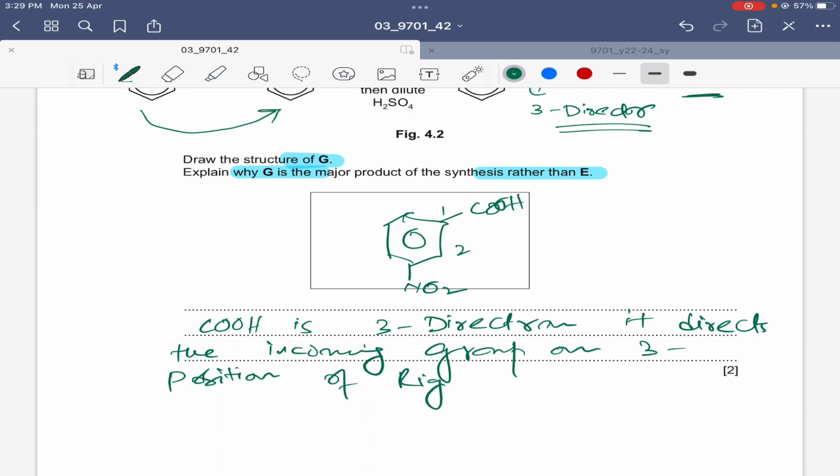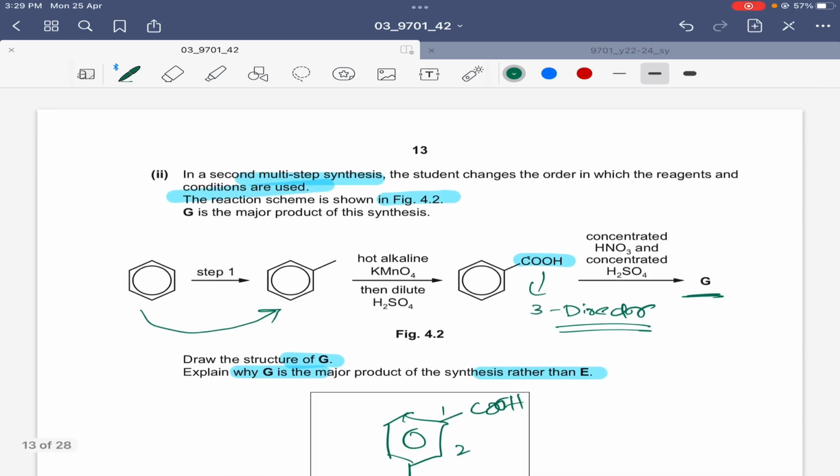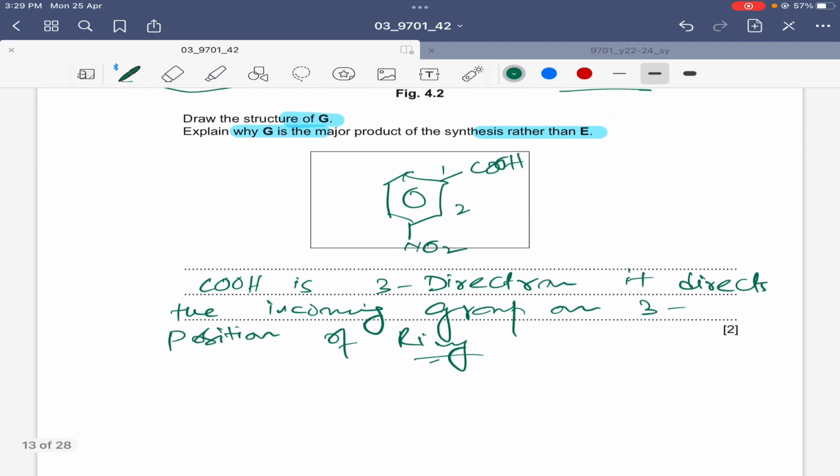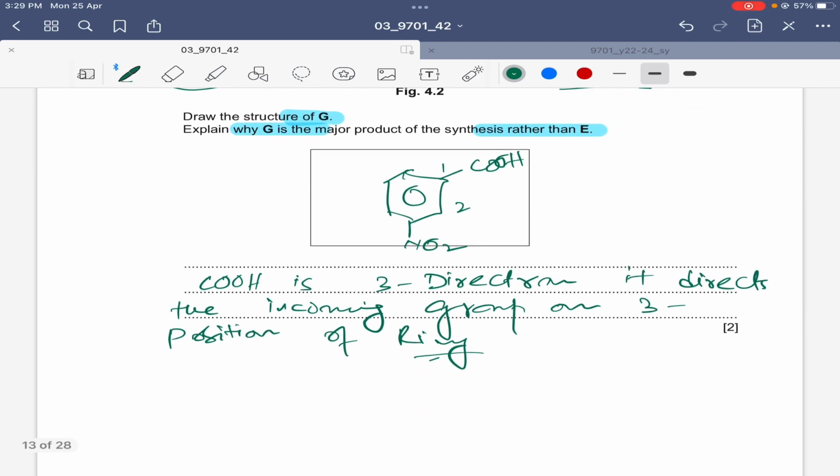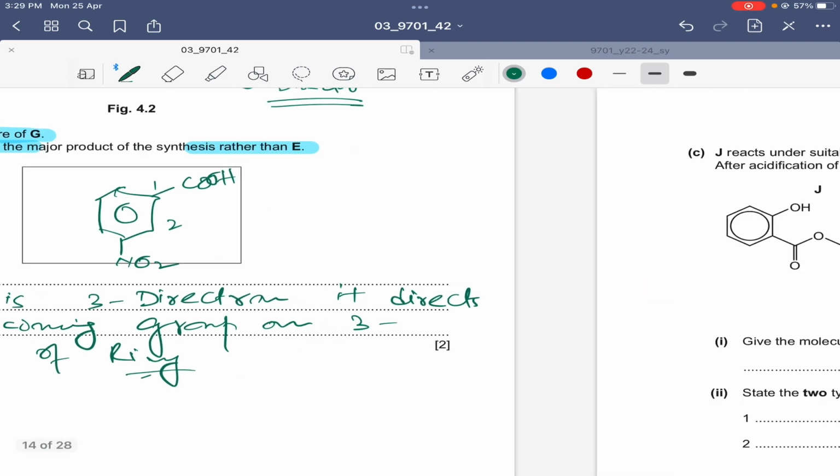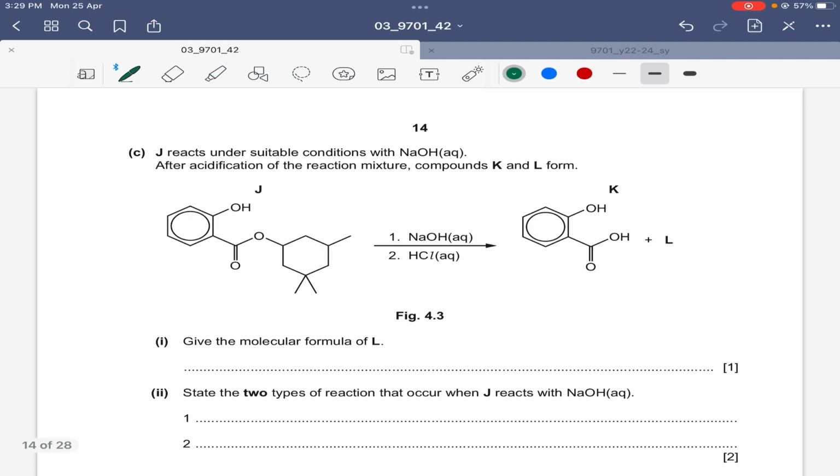Plus it is a deactivator as well. It imparts a positive charge on the ring, due to which the ring gets less reactive, right? But for now we were just describing the directing effect of the carboxylic acid.